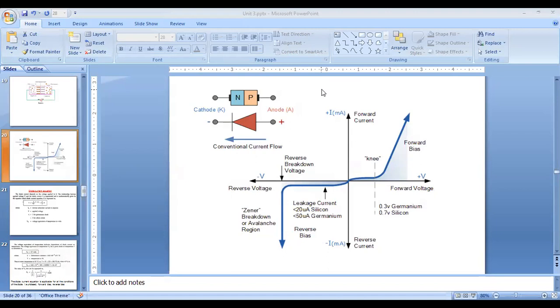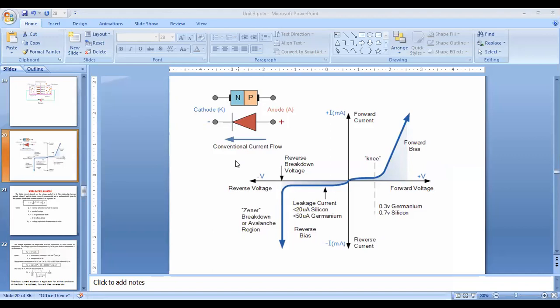So in the previous lecture, we saw the formation of a PN junction diode, how the PN junction diode is formed by combining P-type material and N-type material. By joining them, we get the PN junction diode, with a junction between the P and N-type materials.